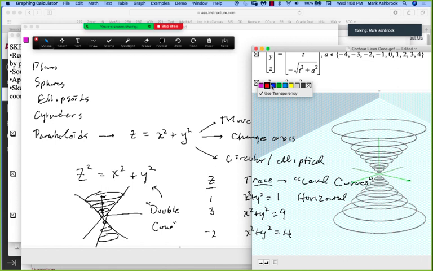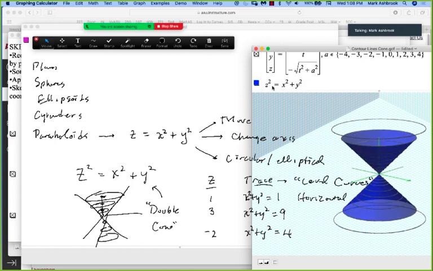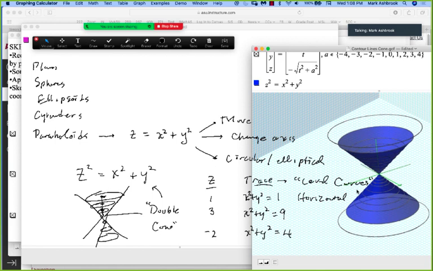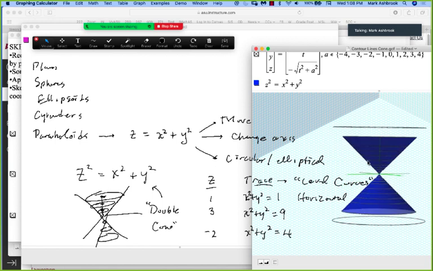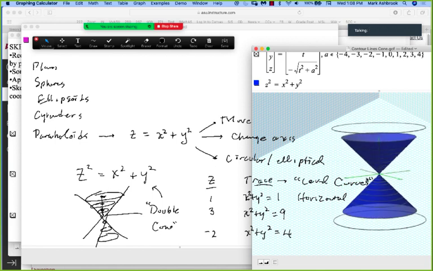And then your mind will fill in the blanks so that you're actually looking at that. That's the surface we're looking at here. Double cone. So just a quick example then of a transformed version. This is our reference double cone. A transformed version would be.